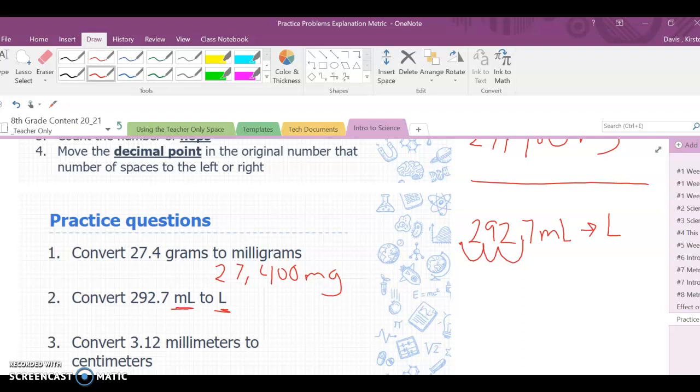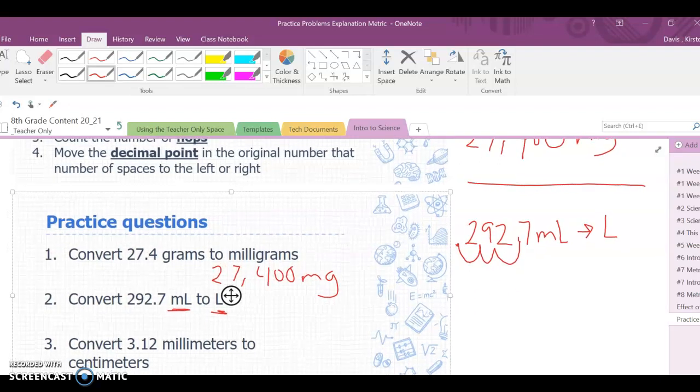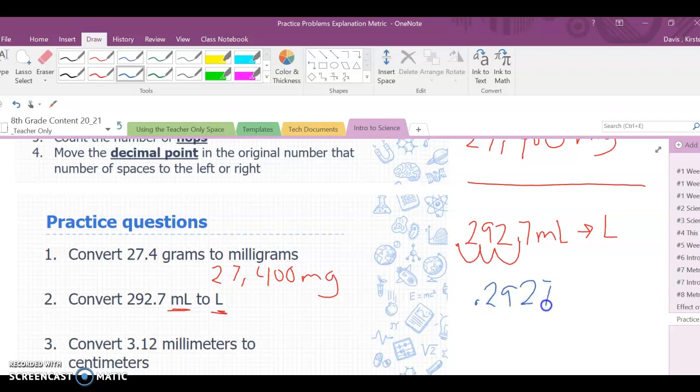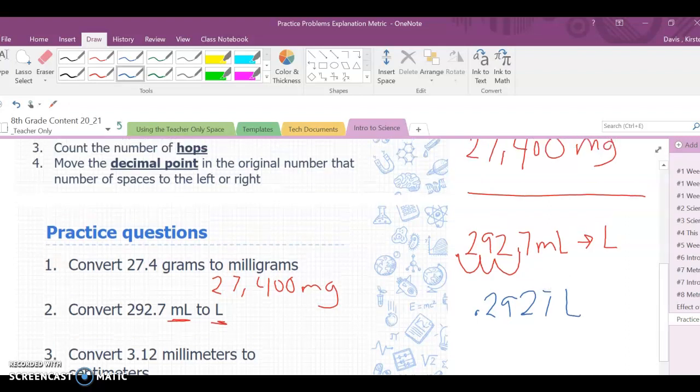Let's try that again. It's odd. Okay, well, we'll write in blue. So a decimal, 2,927 liters. So converting that from milliliters to liters, our answer is now 0.2927 liters.